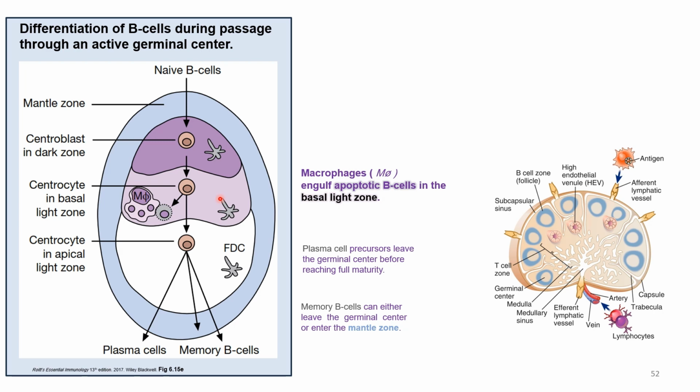In addition, the other aspect of this cell which is similar to a dendritic cell is its ability to extend long finger-like processes through the fibroblastic reticular cells, so it's able to extend processes into that area where lymphocytes are passing through that meshwork of collagen fibers within the reticular network.